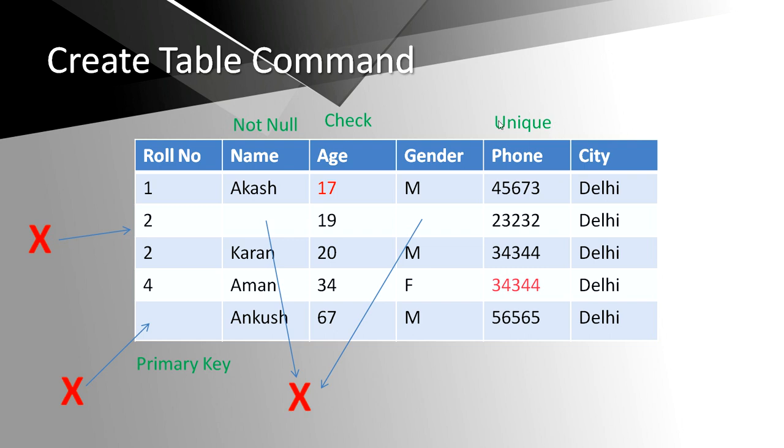Then we have the unique constraint. The unique constraint can accept null values, but it will not allow the user to enter a duplicate value in that particular column. Now the final is the default constraint. When you feel that the value is the same for all the users, you can use the default constraint and you need not enter the value yourself.